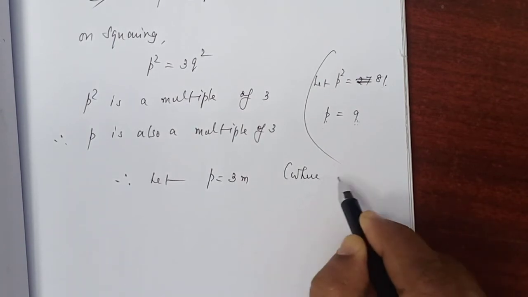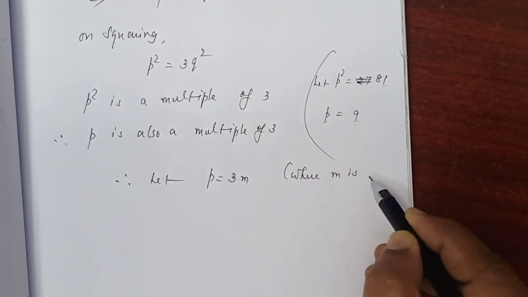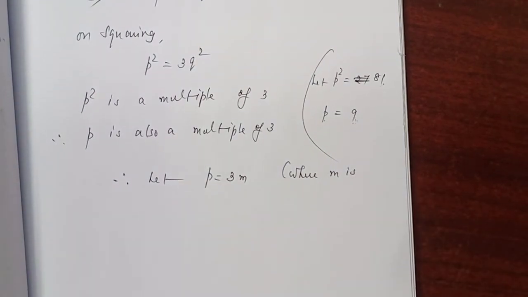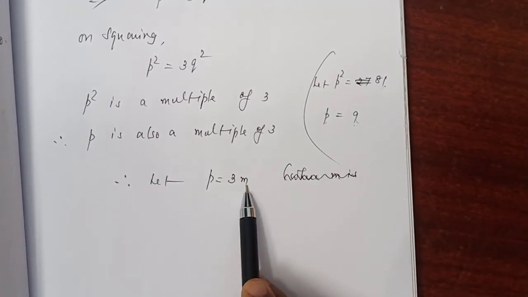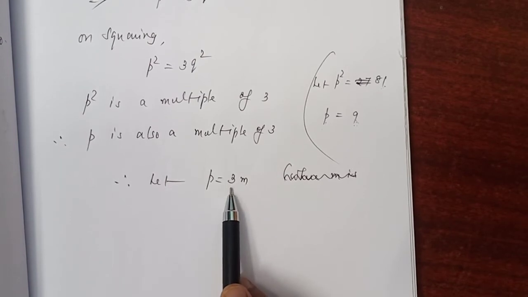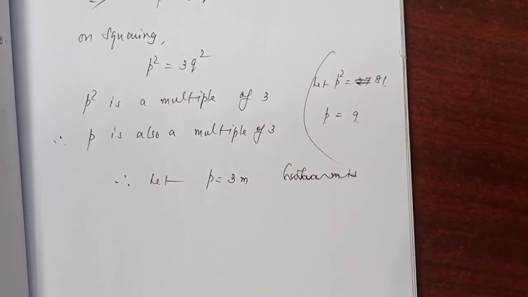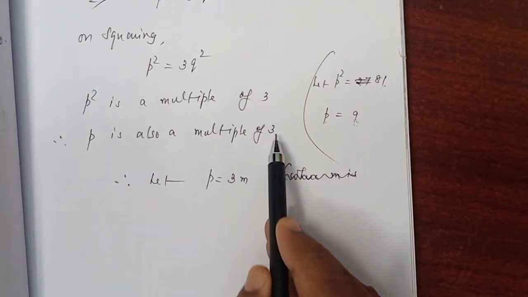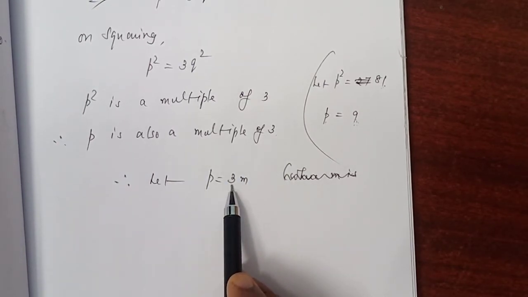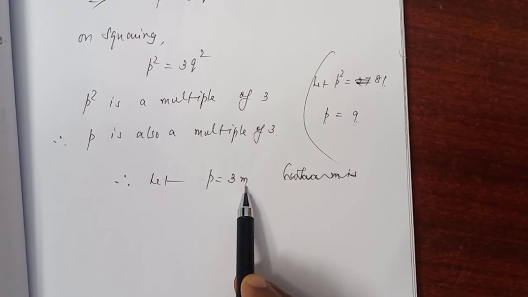You need not mention more about M, because M can be any integer or any variable. It doesn't matter, because this is a multiple of 3. So I mention 3M. P is a multiple of 3 means P can be written as 3 into M. Okay.